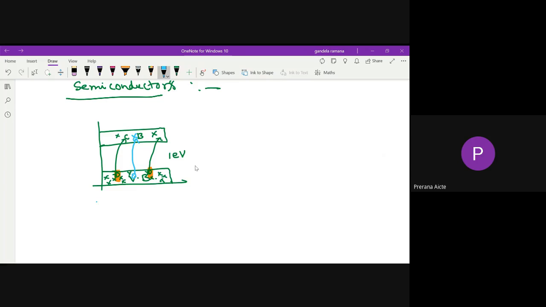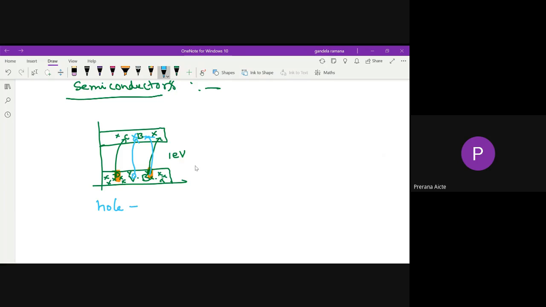What is the definition of a hole? Absence of an electron is called a hole. After the electron jumps from the valency band to the conduction band, it travels for some time, and after that it falls back into the valency band. That is called recombination.